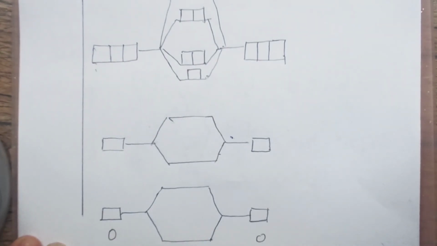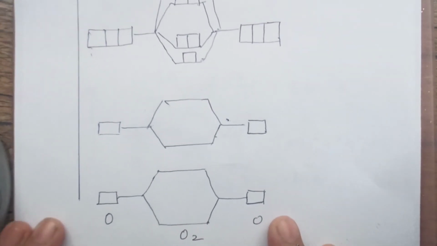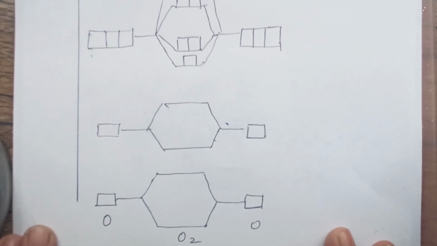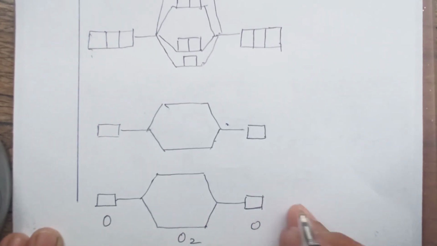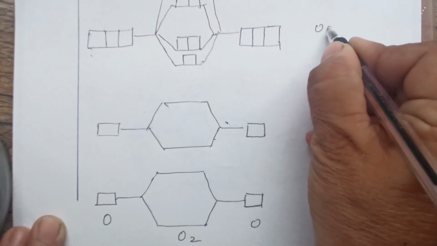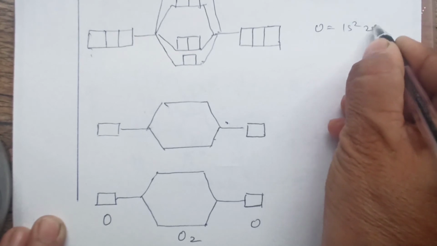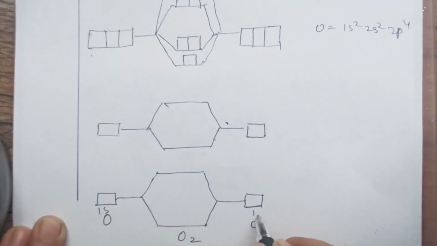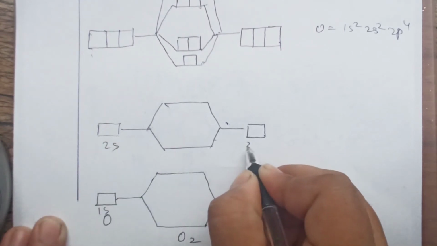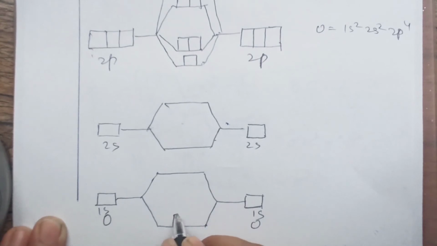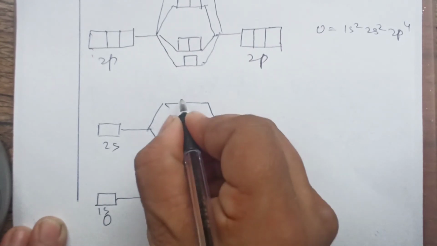Now I am taking the oxygen molecule, O2. For atomic numbers more than 7, or 14 electrons and more, this will be the diagram followed. We know the configuration for oxygen is 1s2, 2s2, 2p4. So this is 1s, 1s; this is 2s, 2s; this is 2p, this is 2p. 1s will form 2, 2s will form 2.